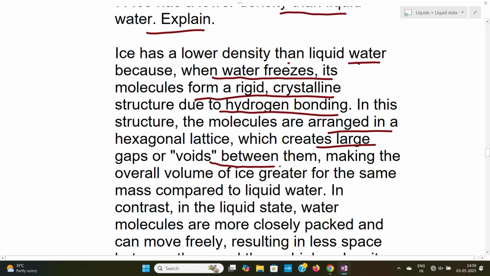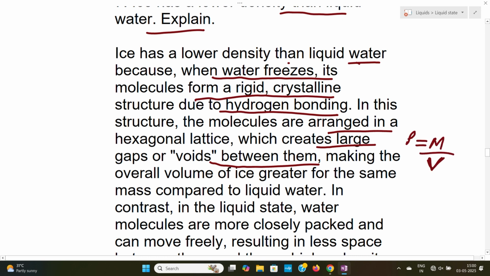In the hexagonal lattice, there will be large gaps or voids between them. Because of these large gaps and voids, the volume is high. Density is mass by volume.